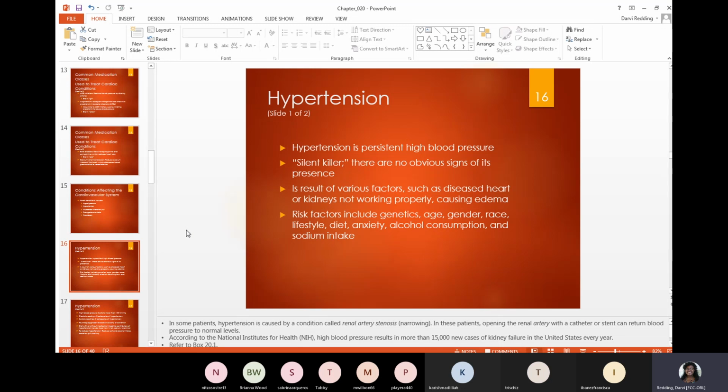Now, hypertension is where the person is experiencing persistent high blood pressure. Sometimes a patient might go to a doctor's office and have what's called white coat syndrome, where as soon as they go into the doctor's office, their blood pressure might spike up because they're nervous, or they don't know what type of diagnosis they might get.